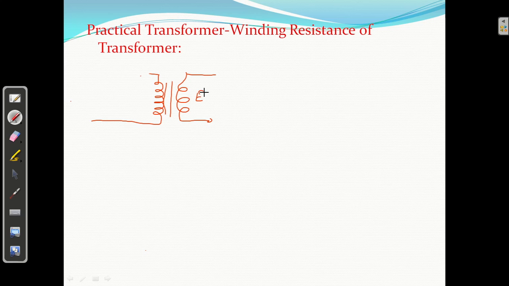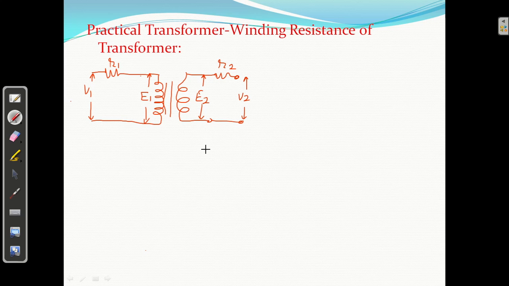The voltage induced on the secondary is E2, on the primary is E1, and the primary winding has resistance R1 and the secondary side has resistance R2, right? And this is the terminal voltage V2, supply voltage V1.